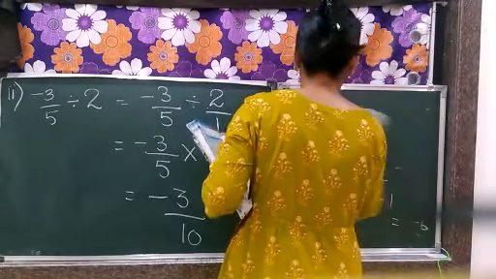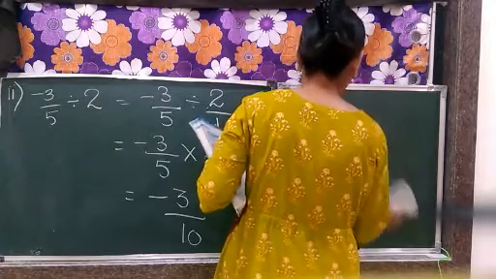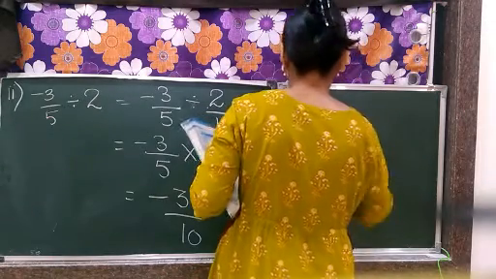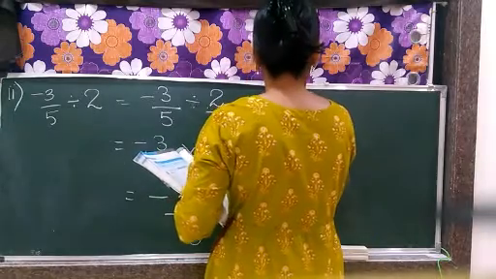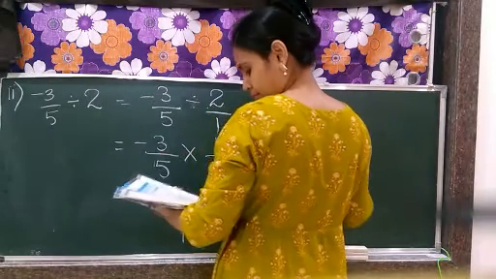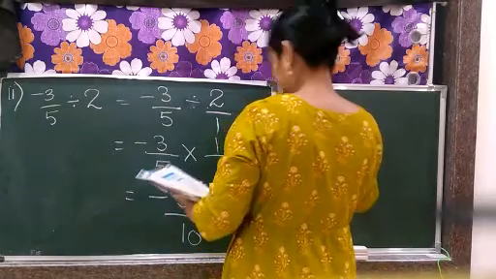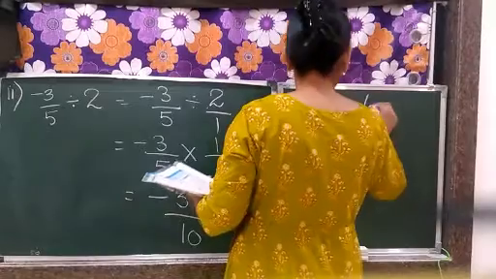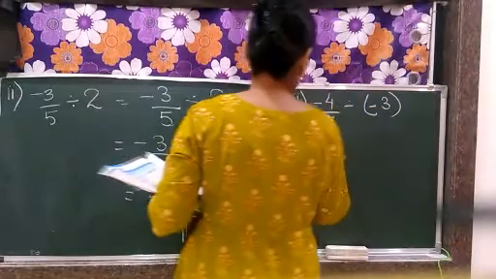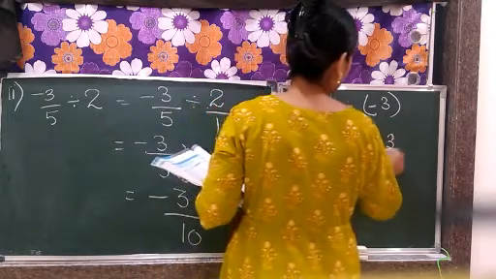Now we will start the third one. Minus 4 by 5 divided by minus 3. Minus 4 by 5 divided by minus 3 by 1.